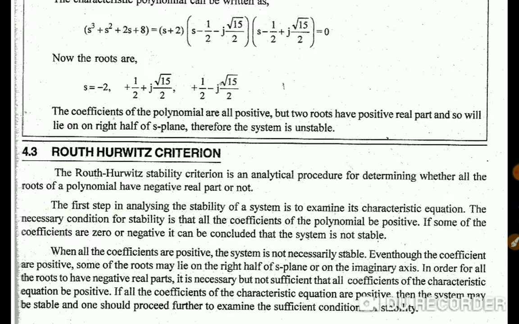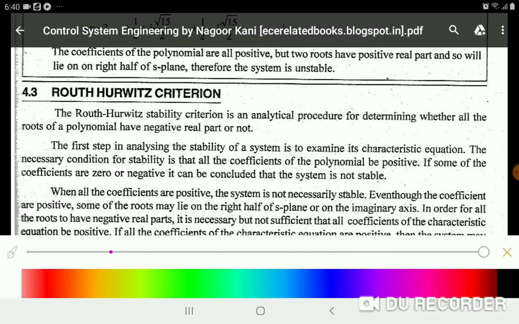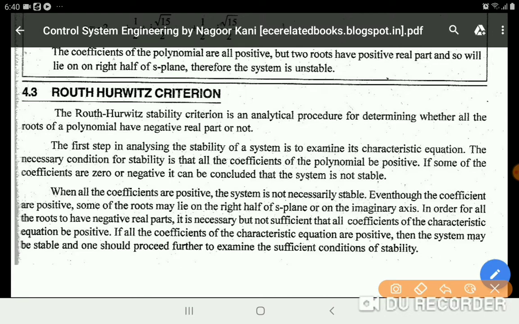Now we will see what is Routh-Hurwitz criterion. This is simply an analytical procedure for determining whether all the roots of a polynomial have negative real parts or not. Then only we can easily conclude whether the system given in a problem is stable or not.